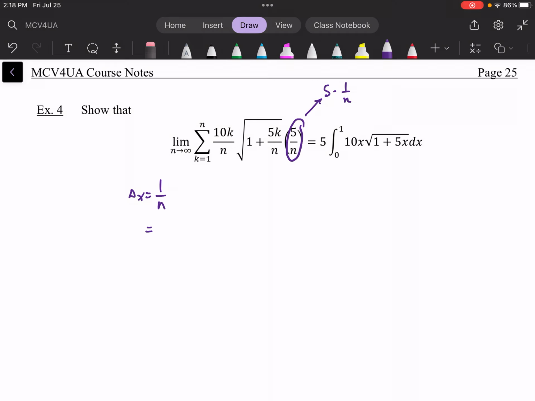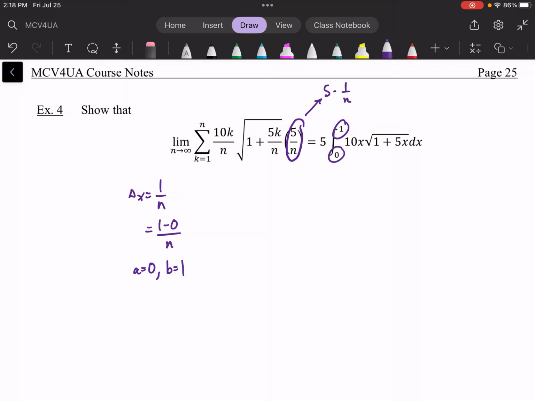And that means our a value would be 0 and our b value would be 1. Okay, so now that's got that part that we wanted to see. Remember, that's what we're trying to make happen.